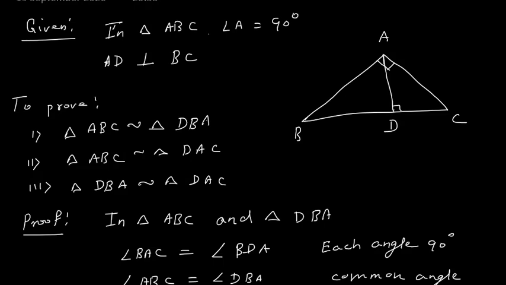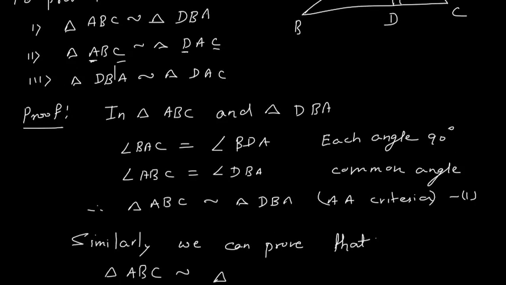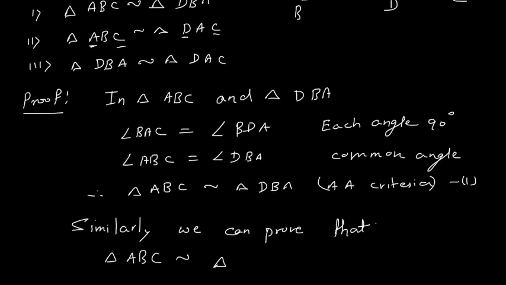Angle A of this is equal to angle D, each 90 degree. First position I have given, and angle C is common, last position I have given. Okay. So the third vertices will find its place by its own. So triangle ABC is similar to triangle DAC. Here also we will apply angle criteria. This is our second equation.